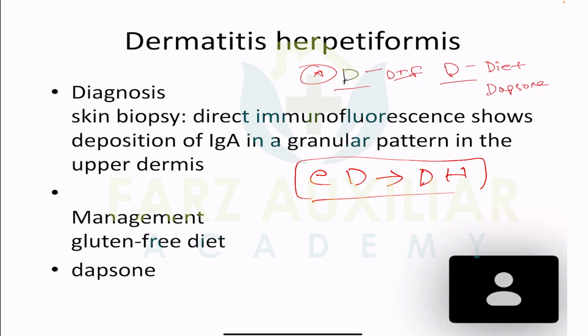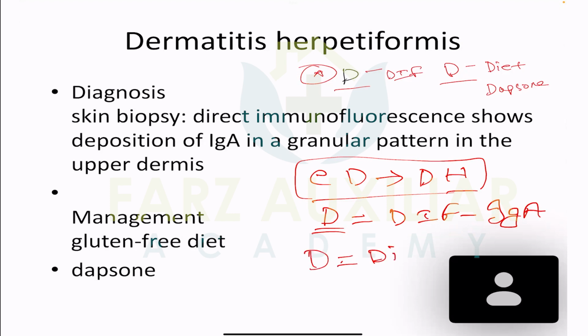And you should also know about the D rule. The D rule is direct immunofluorescence, where you can see IgA. And D for the treatment is diet modification, like a gluten-free diet. So diet modification. Another is Dapsone.